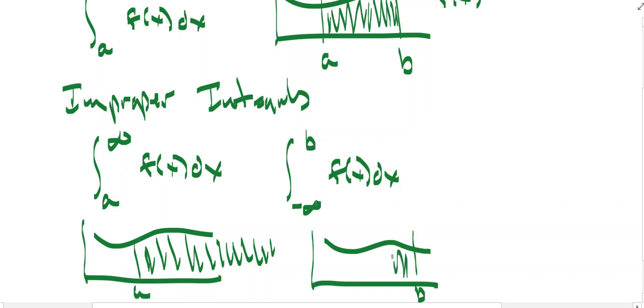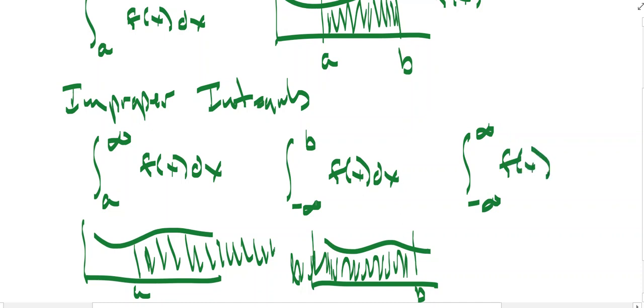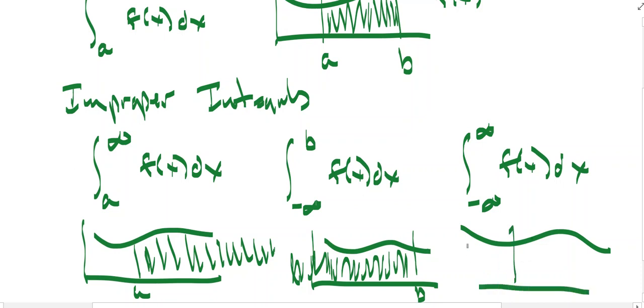And so theoretically, the area under the curve could be infinite. And then a third situation would be where both the lower bound and the upper bound of some function are not defined. And so you've got a curve, and it has area that is not bounded on the left or bounded on the right.